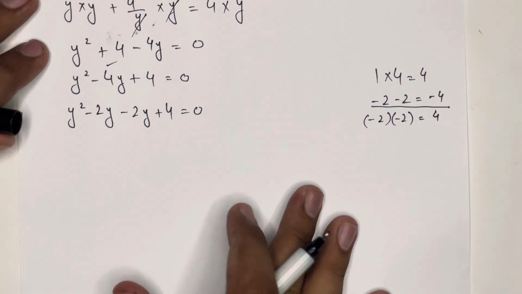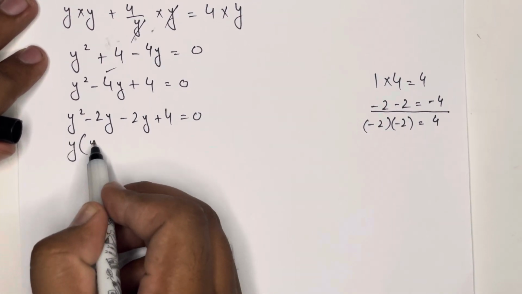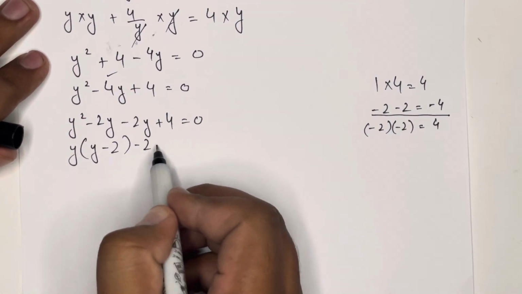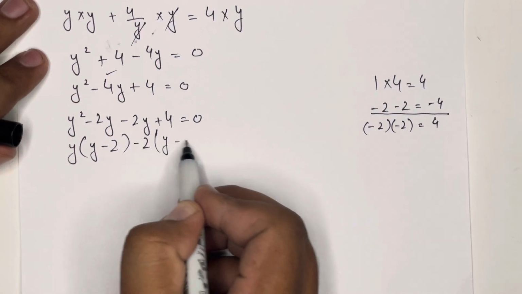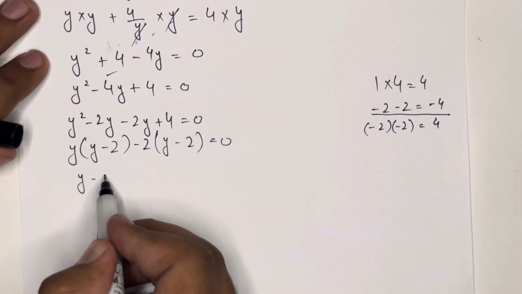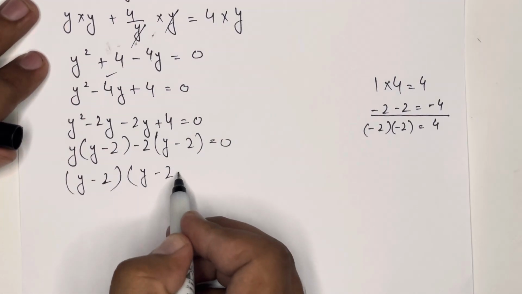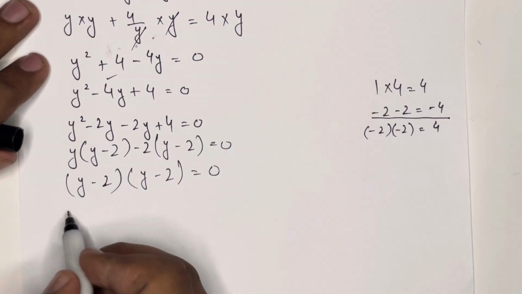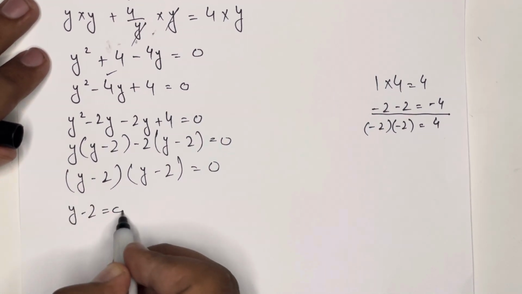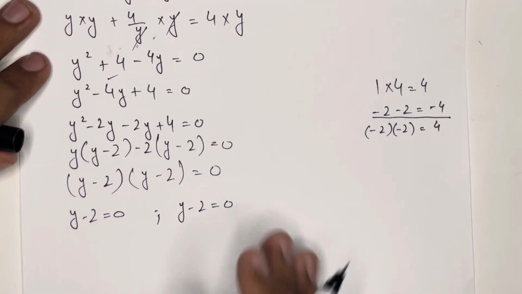Now I can take y common from these two terms, y common, y minus 2, and from these I can write minus 2 as common, y minus 2 equal to 0. So the equation will be y minus 2 and y minus 2 equal to 0. Now y minus 2 equal to 0, and on the other side y minus 2 equal to 0.